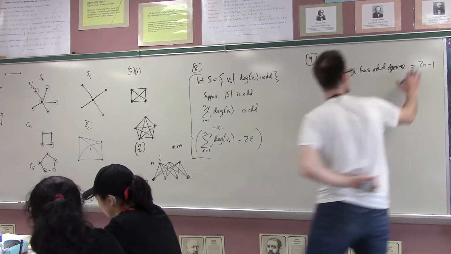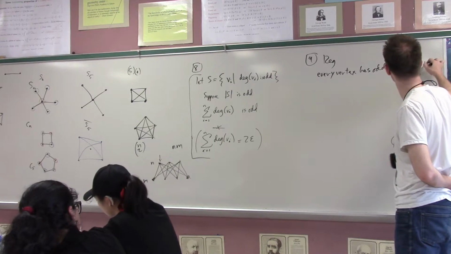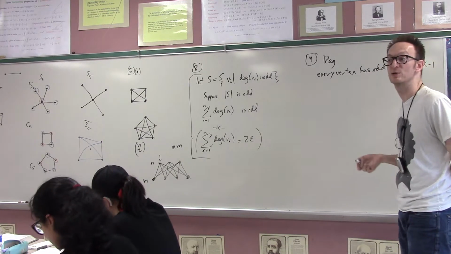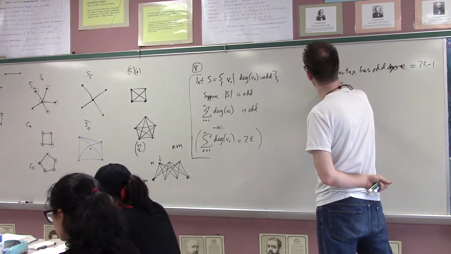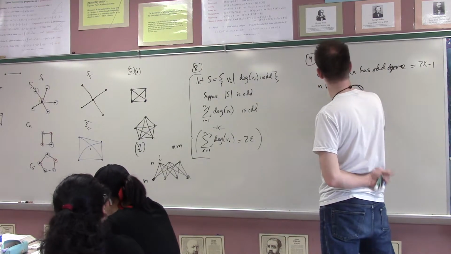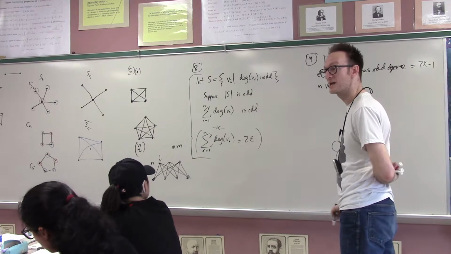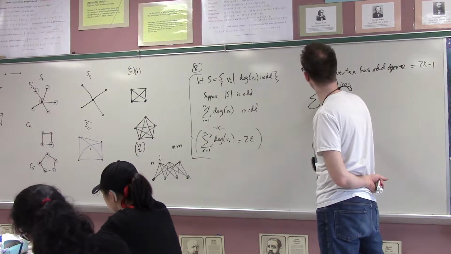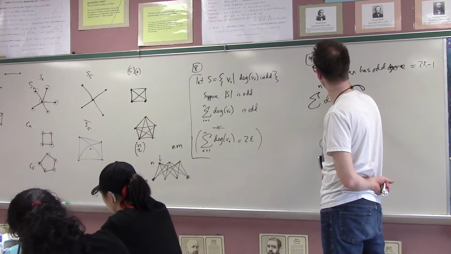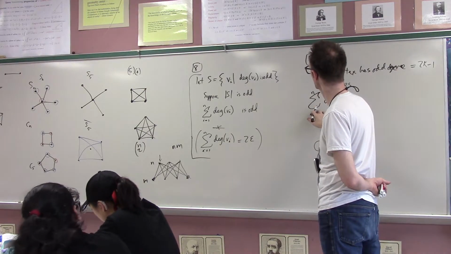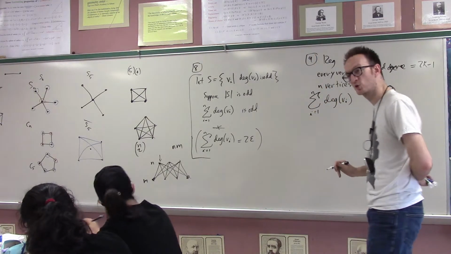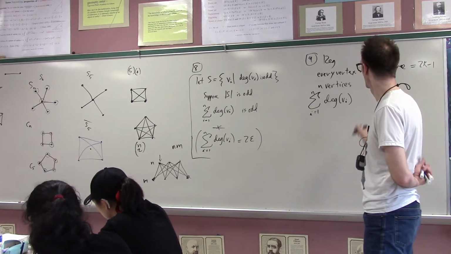Sorry, I changed my mind. Let this be 2k minus 1. Let 2k minus 1 be the degree of each vertex in this graph. And then if there are n vertices, that's a little more standard, to let n be the number of vertices. Then what is the sum of the degrees of all the vertices? Well, oh yeah, this is easy.